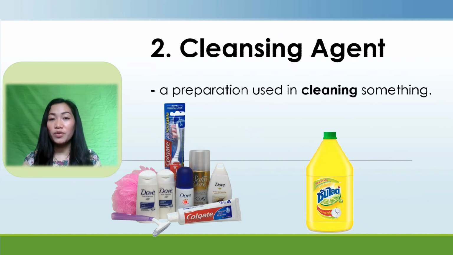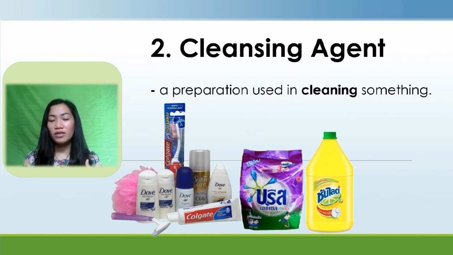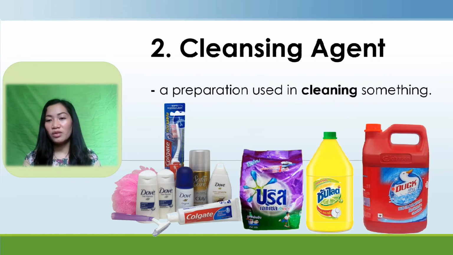We use them to clean our body, and we use this also to clean our dishes, and also to wash our clothes. So these are examples of a cleansing agent. We have also this one to clean our toilet. Cleansing agents are used to clean something.